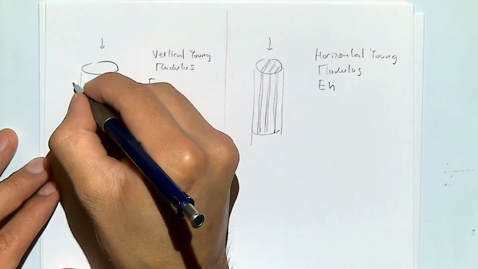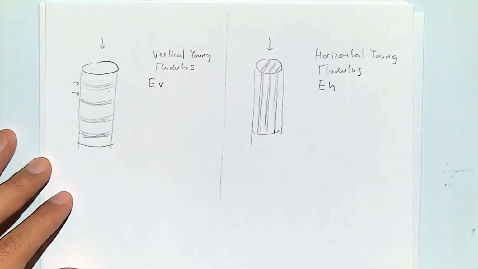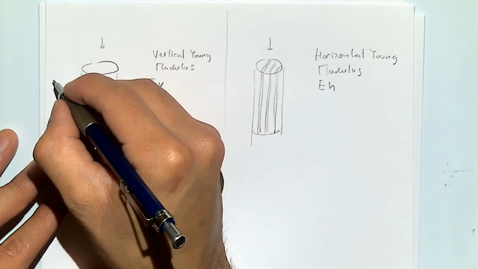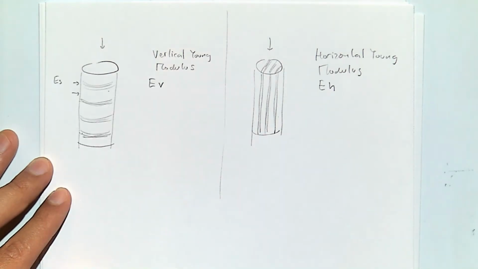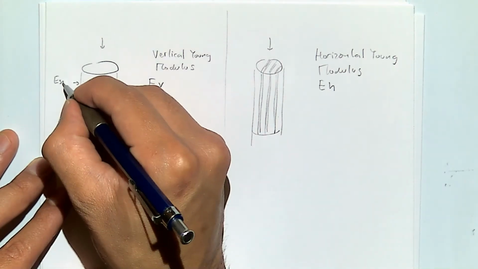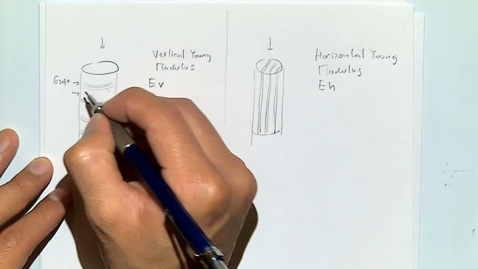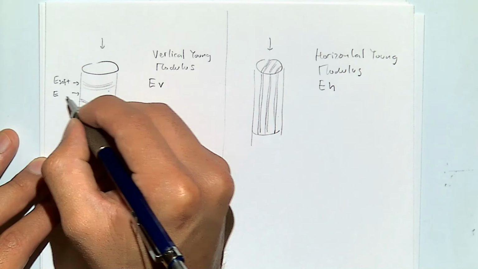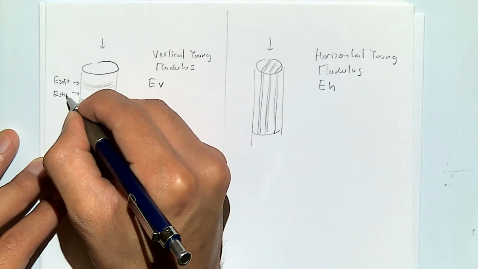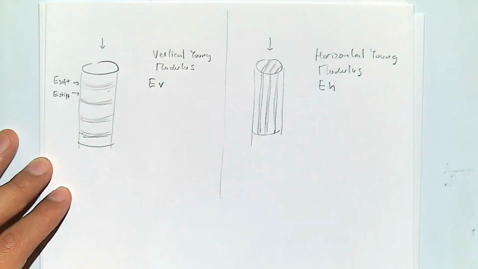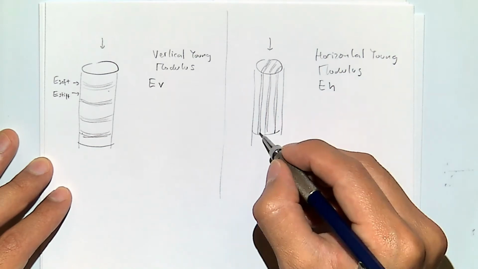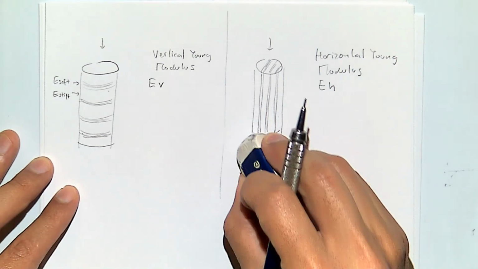And I'm going to give you further details of this. The dark is going to be soft, and we're going to call it E soft. And the light is going to be E stiff. And the same thing here.